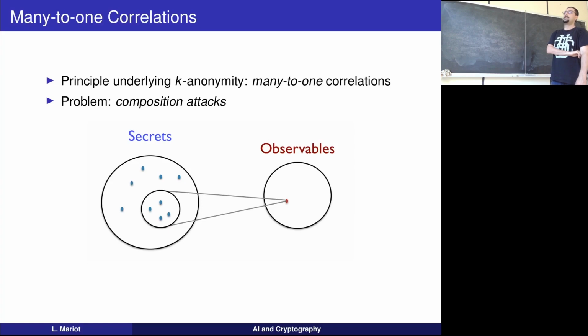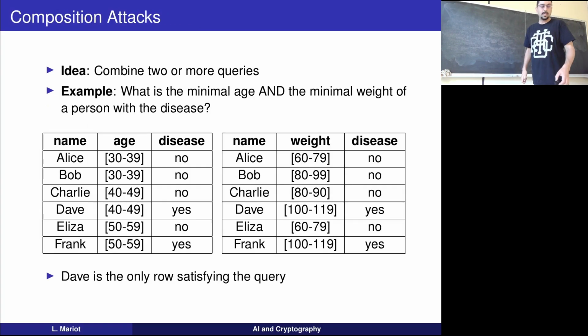The composition attacks are similar to what I was saying before with the first naive approach of suppression, but it is basically the idea of combining two or more queries, and then from there trying to single out a single row which can be re-identified.